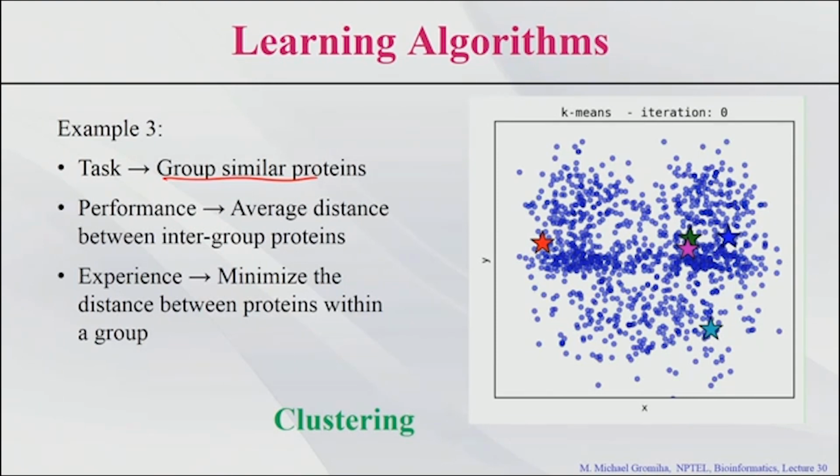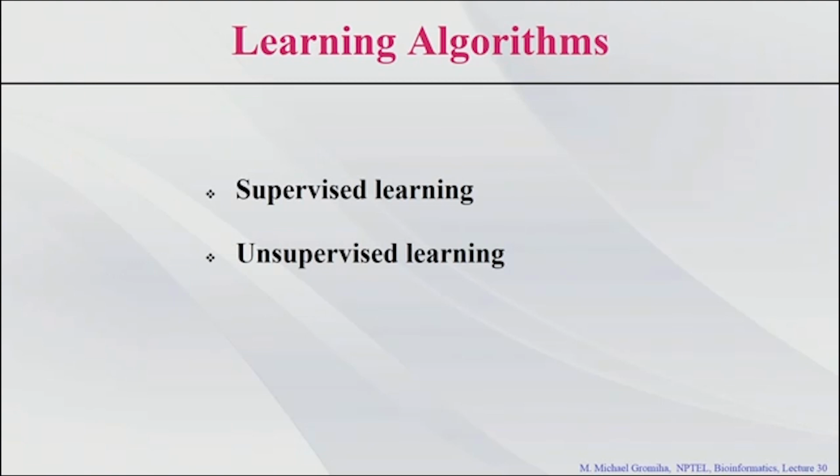In this case, this is the group we can fit with optimally less distance. So you can minimize the distance between the proteins. For example, if this is the cluster, the proteins within this cluster have less difference; they have similar values.